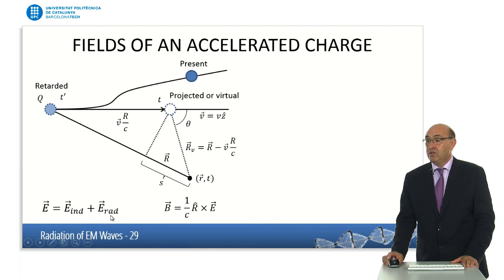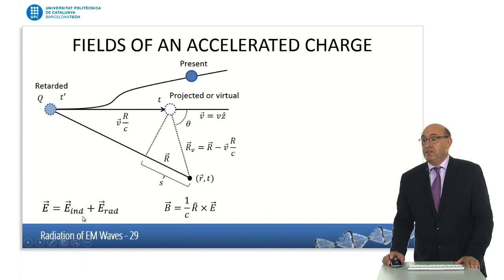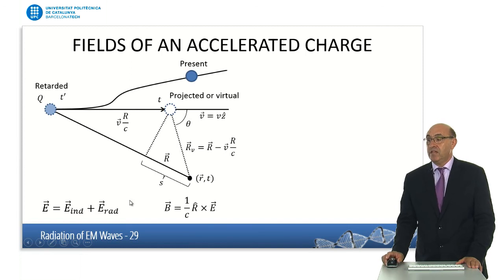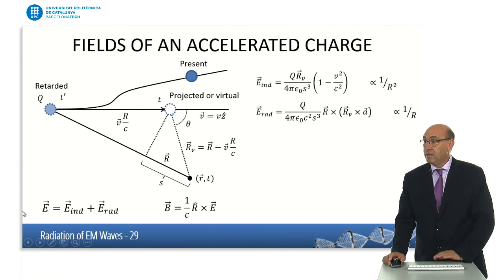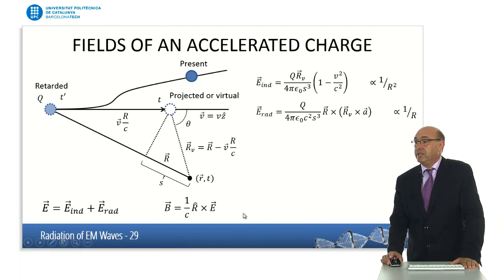And we call those fields the radiation or far away fields. Sometimes we use different names for this. The main difference is that this one will fall off as one over the square of the distance, and this one inversely with the distance. And this is the magnetic field. And those are the expressions for the electric field.